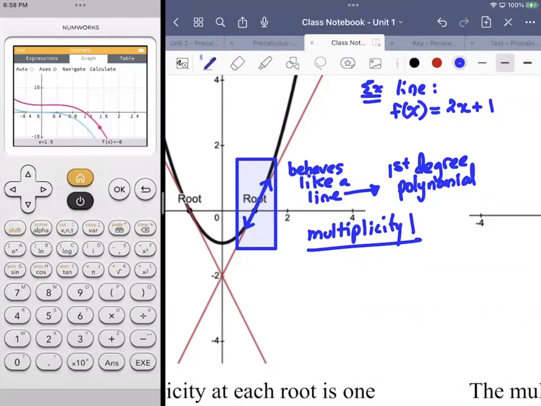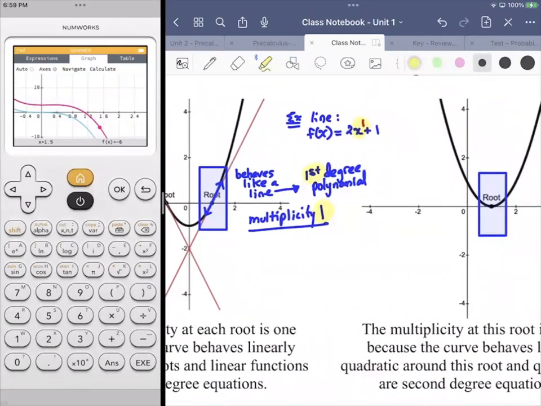So this is a power of 1, which makes this a first degree polynomial. Because this is raised to the first power, it's a first degree, and it happens to be the case that it's a line. The consistency there is that the highest power, the degree, and the multiplicity should all have the same number. But again, it's based off of what it behaves like at its roots.